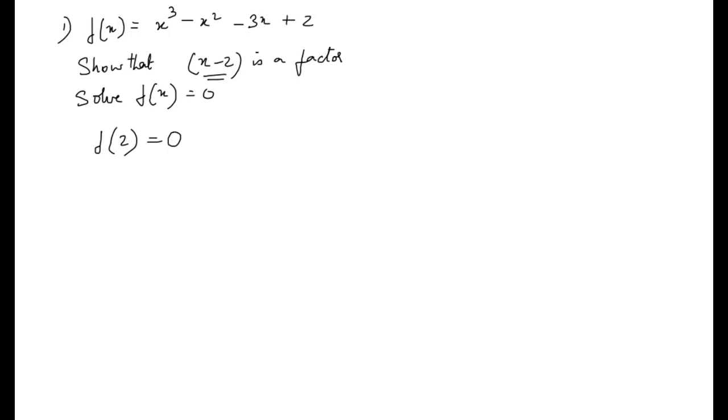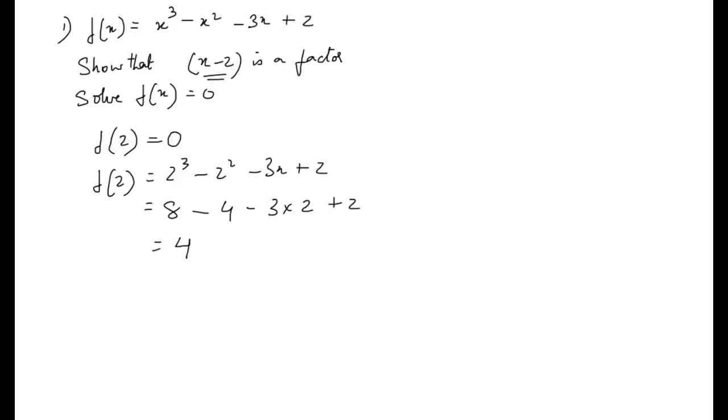f of 2 is 2 cubed minus 2 squared minus 3 times 2 plus 2. So that gives me 8 minus 4 minus 6 plus 2, which is 8 minus 4 is 4, minus 6 plus 2, that is 0.